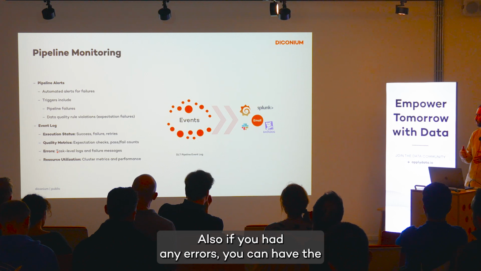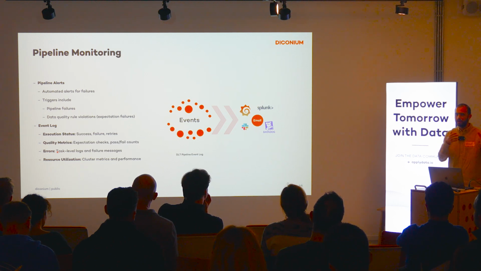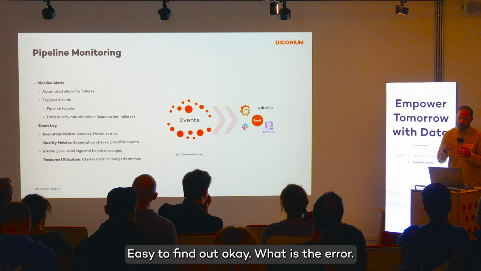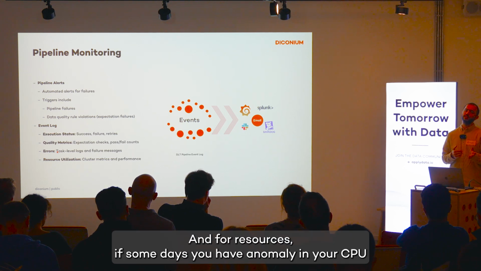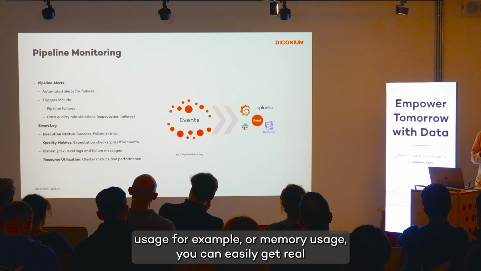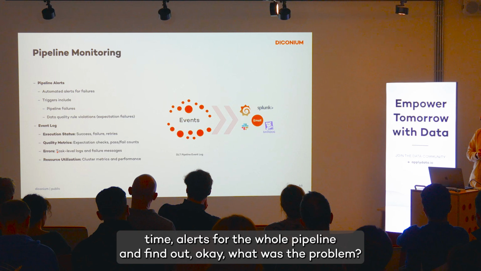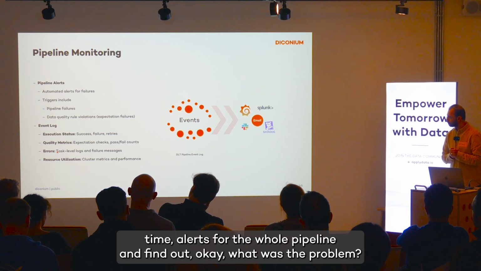Also, if you have any errors, you can have the error message, for example, to easily find out what the error is. And for resources, if some days you have an anomaly in your CPU usage or memory usage, you can easily get real-time alerts for the whole pipeline and find out what the problem was.